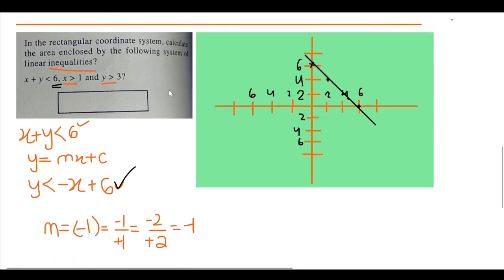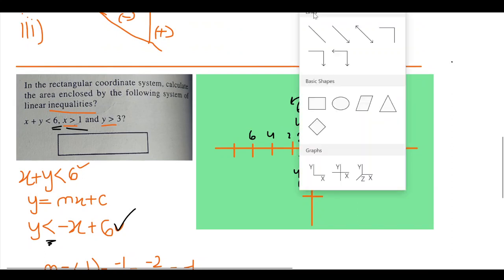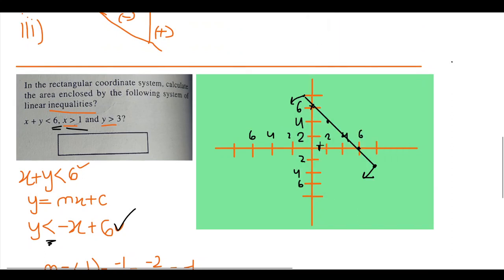However, y is less than this line. So y is going to be smaller, on the lower side. Then I'm looking for an equation which says x is greater than 1. So where is 1? 1 is somewhere over here, right? So let me draw a line, trying the best I can.